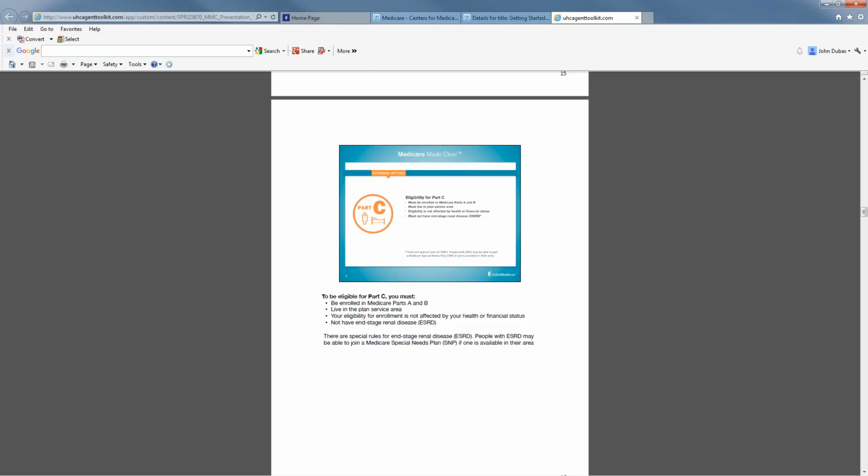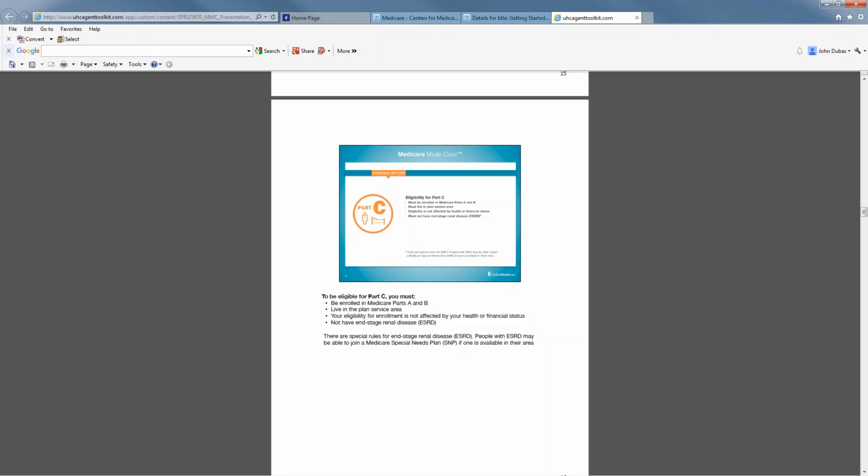This program is also one where it's easy to enroll because your eligibility is not affected by your health or financial status most of the time. There are certain plans where health status will qualify you for a special type of MA program, and there is one health question: do you have end-stage renal disease, ESRD?